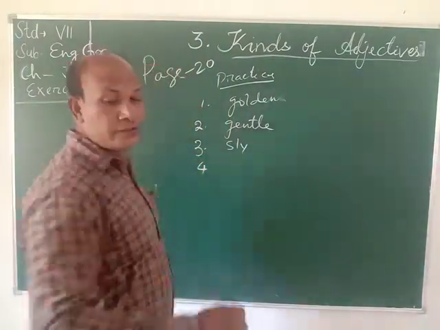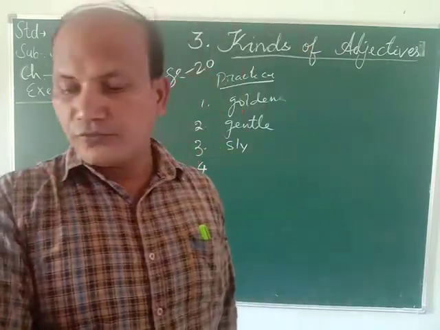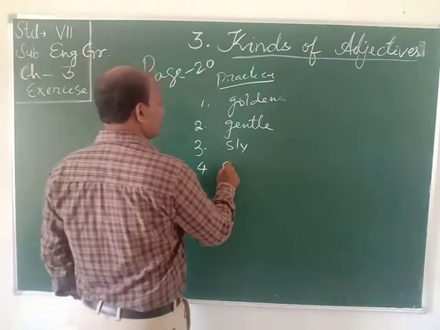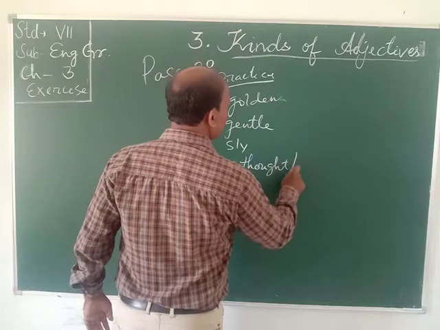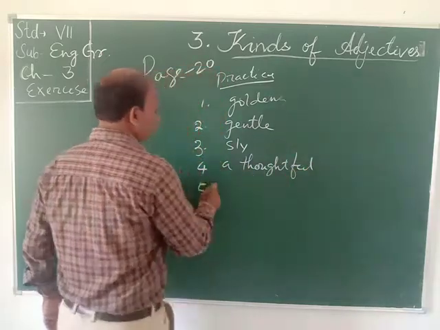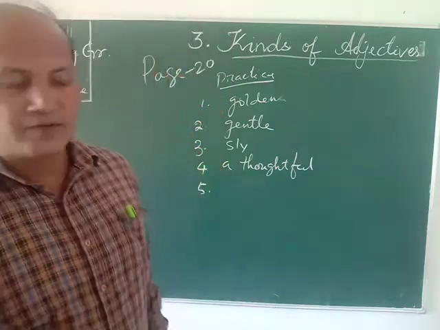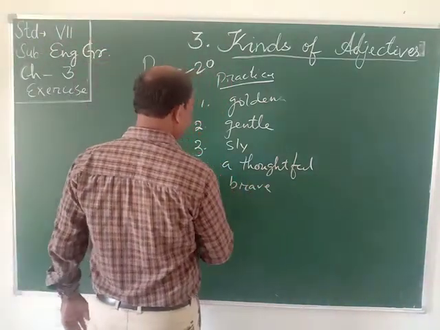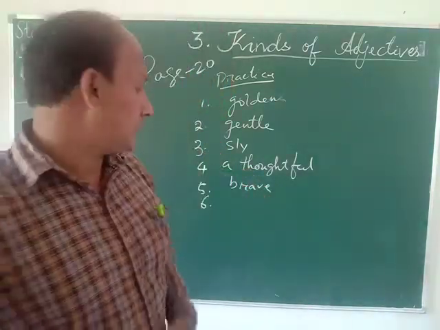Number 4, dash old man, thoughtful old man. Yes, a thoughtful old man. So one who is very thoughtful, one of the quality. Number 5, dash lion, the brave lion. Number 6, dash meadows, the green meadows.